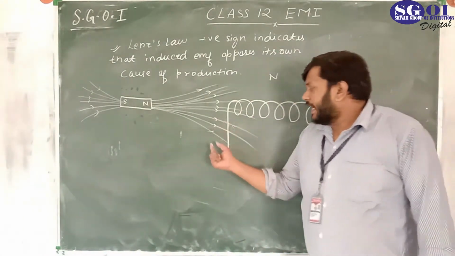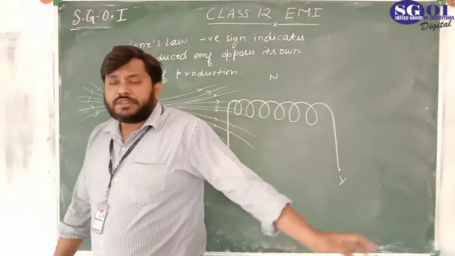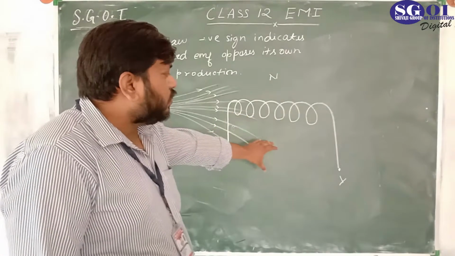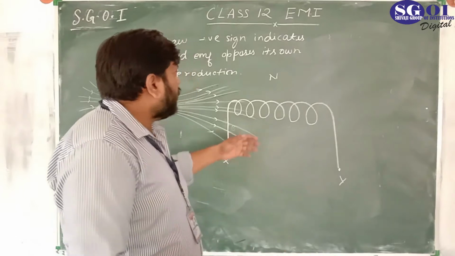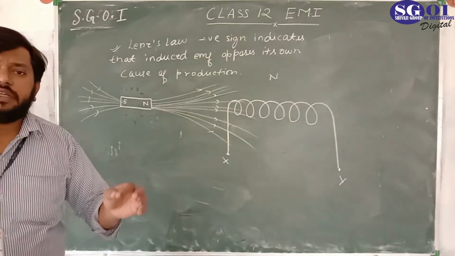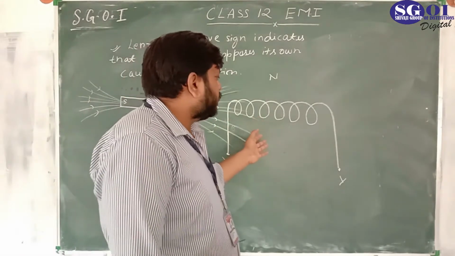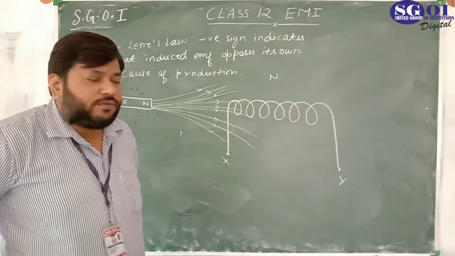But is there any EMF induced across the ends of the coil? This is my question. Right now you would be able to understand what electromagnetic induction is exactly, and there would be no further problem in this particular chapter. So I am trying to clear this concept for you.